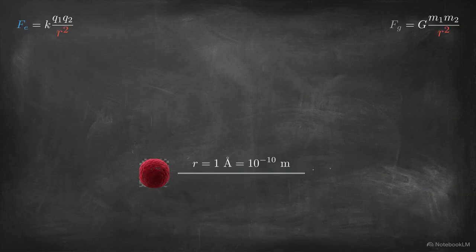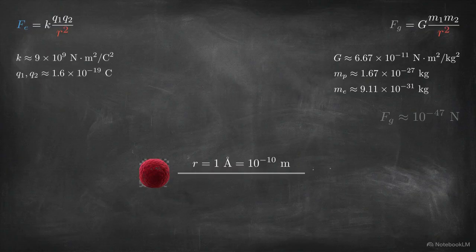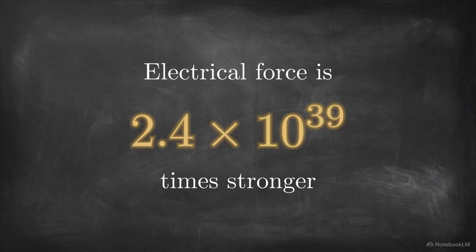If we plug the known masses of these particles into Newton's equation, the resulting gravitational attraction is on the order of 10^-47 newtons, a nearly undetectable figure. Plugging the charges into Coulomb's law yields an electrostatic force of roughly 10^-8 newtons. Dividing the two yields a stark ratio. The electrical force is 2.4 × 10^39 times stronger than their gravitational pull.